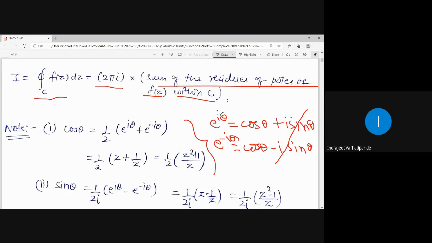So cos theta becomes e to the power I theta plus e to the power minus I theta upon 2. But what is e to the power I theta? Z. What is e to the power minus I theta? Z to the power minus 1. Z to the power minus 1 यानी क्या होगा? 1 by z होगा. So this becomes z plus 1 by z, means z square plus 1 upon z. ये समझा क्या? Is it okay?